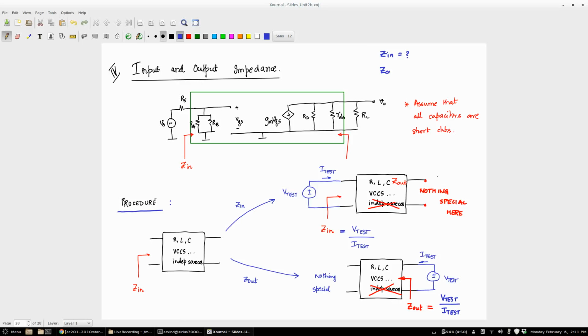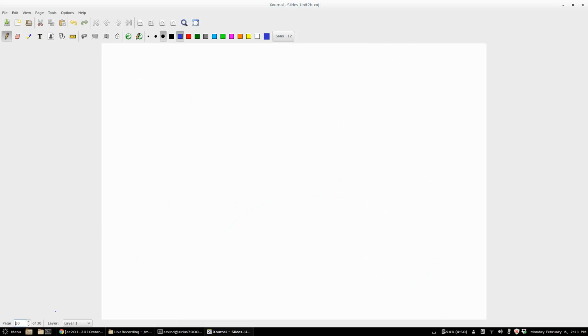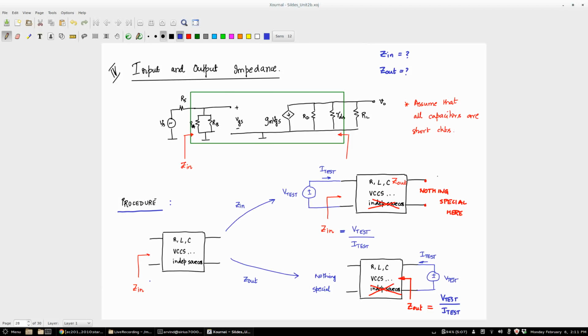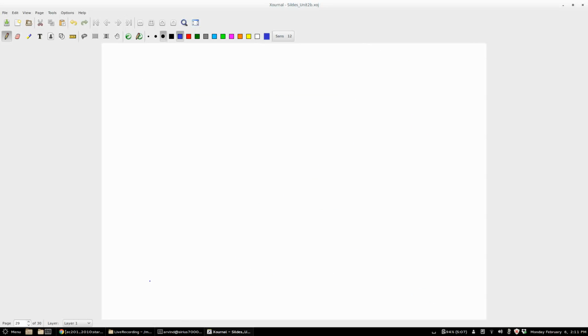So basically find out what is Z in and find out what is Z out. Right? This is very straightforward. I'm not going to solve it here. You can work it out. Okay? Any questions? No. We have done a lot of these things in the previous course. Okay.